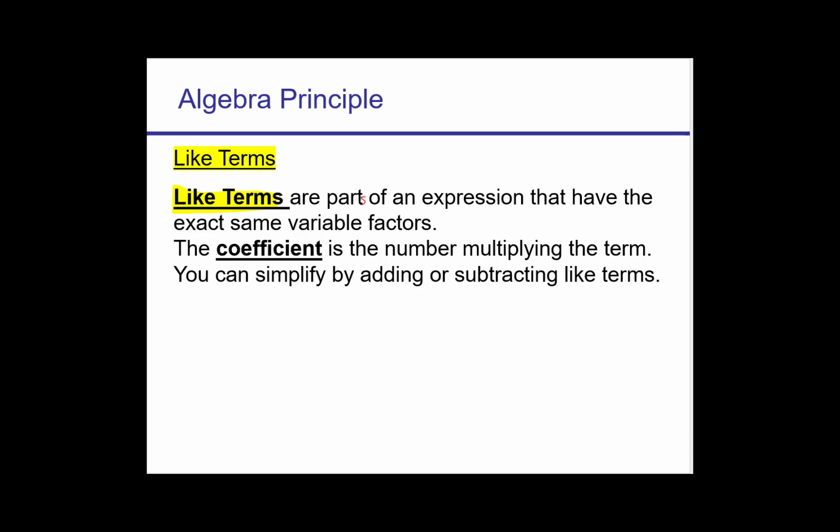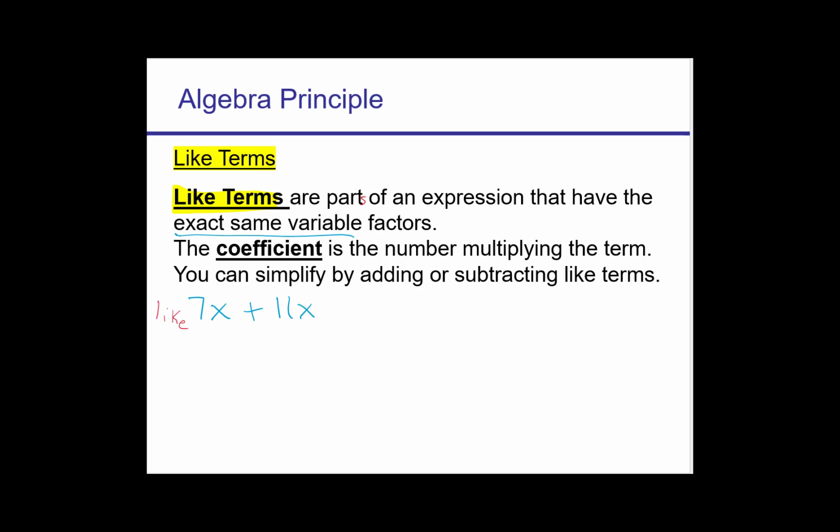Now, there's a lot of vocabulary here. But first of all, like terms. Let's say we have 7x plus 11x. This is an algebra expression. It has two like terms in it, the 7x and the 11x. Now, notice they both have one x. They have the exact same variables, which means these are like terms.